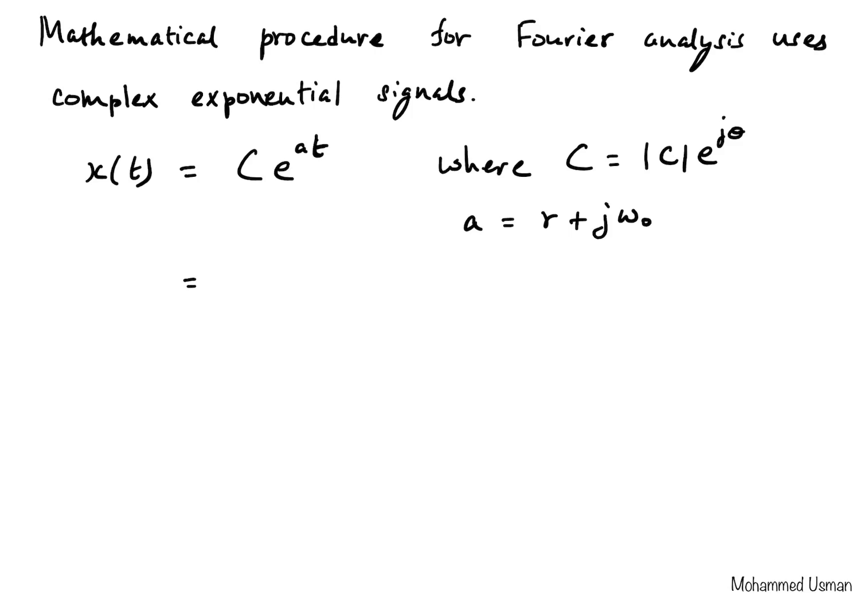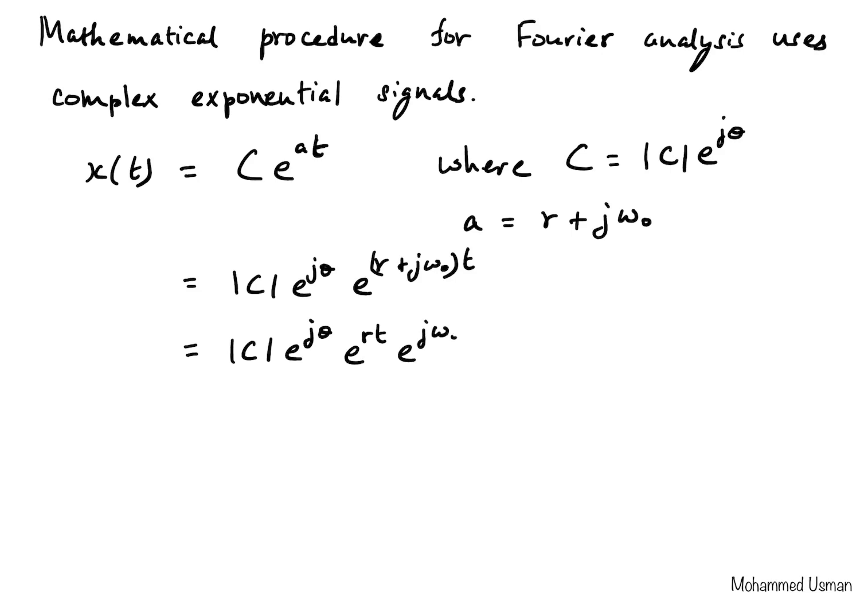If we substitute these values into c and a, we get c e power j theta into e power (r plus j omega naught) t. So that's magnitude of c e power j theta into e power rt into e power j omega naught t.